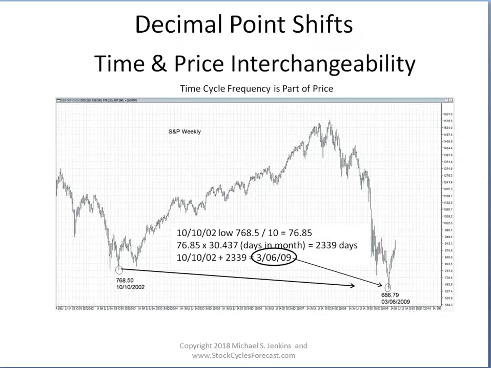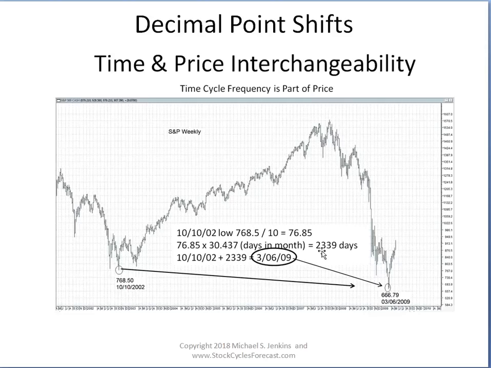Now in the last video, I showed you how you can shift the decimal points around. So from that 768 low, we moved the decimal point, or divided it by 10, to get 76.85, and we wanted to use a monthly time cycle. And in each month, the average number of days is 30.437. In other words, 365 1/4 divided by 12.